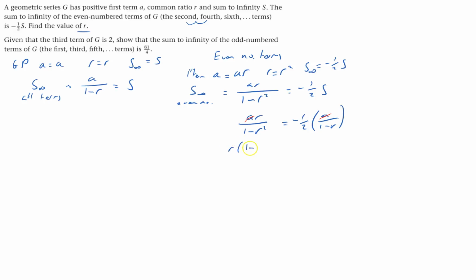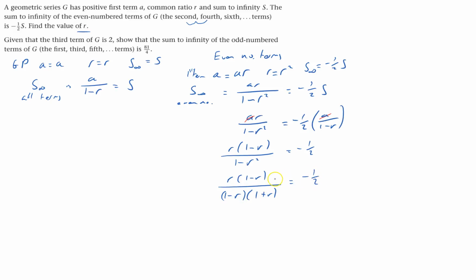And so that'll give me R times 1 minus R over 1 minus R squared, and that equals negative a half. And I can see here I've got a difference between two squares, so that bit is R times 1 minus R all over 1 minus R times 1 plus R, because 1 minus R times 1 plus R is 1 plus R minus R, no R's, and then minus R squared.